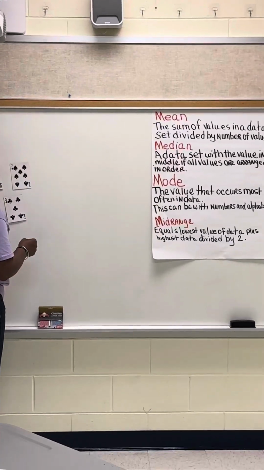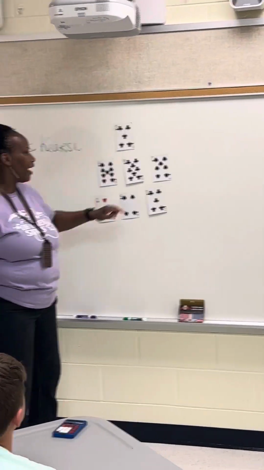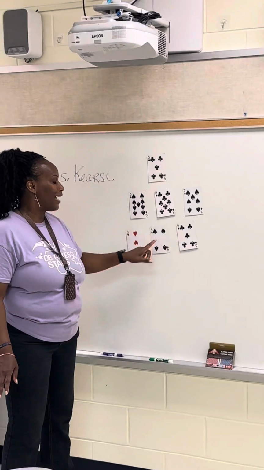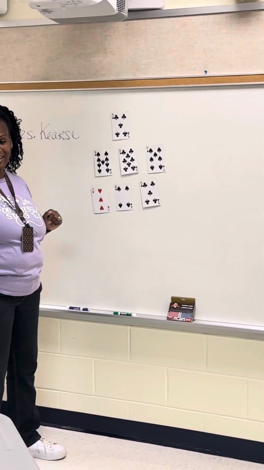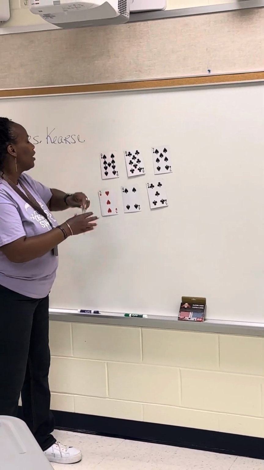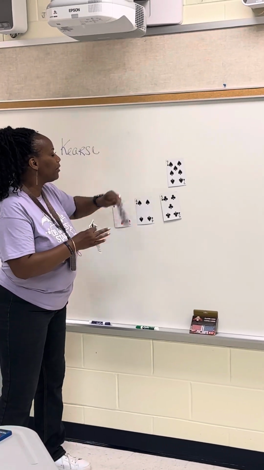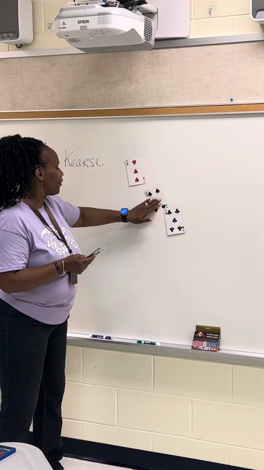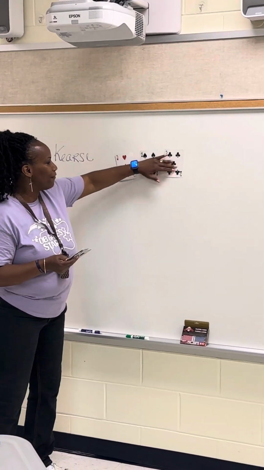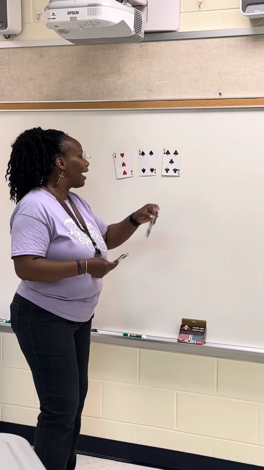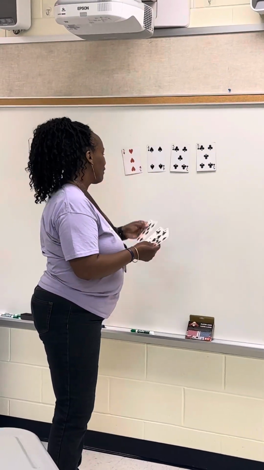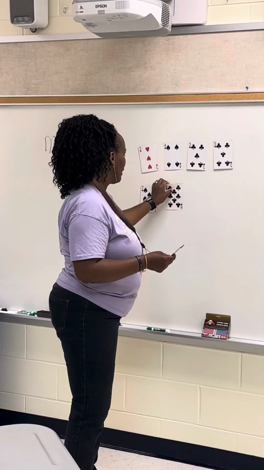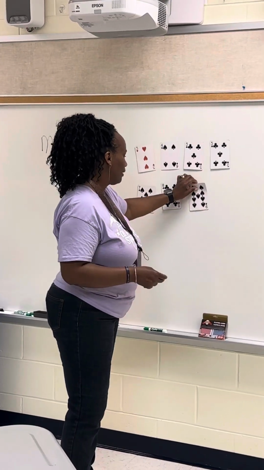All right. So how many cards do I have? 1, 2, 3, 4, 5, 6, 7. Correct? Right. All right. So what I'm going to do now is put my cards in order. And so I think my 3 is going to be first, my 4, then my 5, then my 5, 7, 8, and then 9.